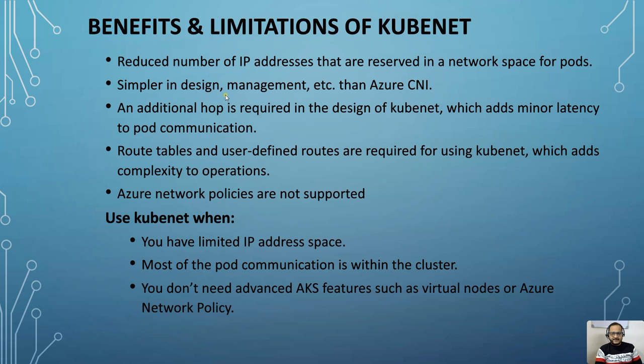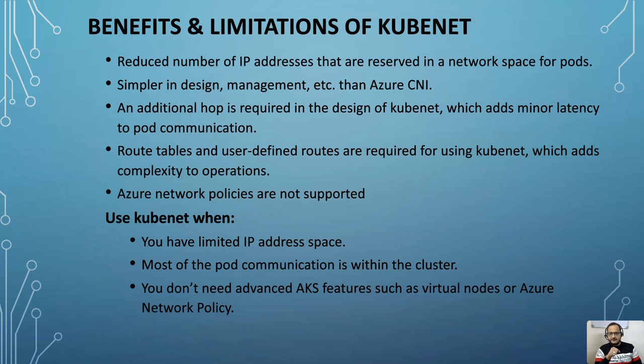It is simpler in design and management than Azure CNI. An additional hop is required in the design of Kubenet, which adds minor latency to the pod communication, because you will define some kind of user defined routing, IP forwarding, so you will see some kind of delay in your communication to the pod.